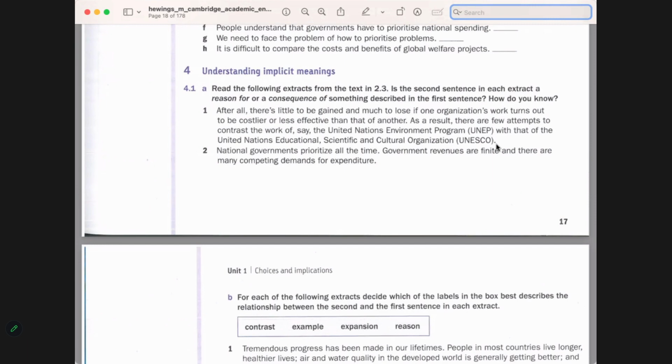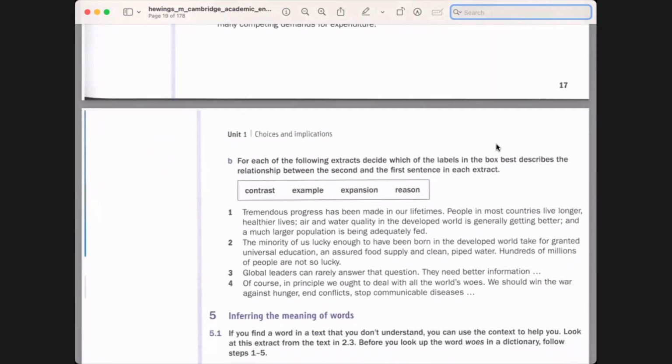It's consequence, maybe, because we have after all and as a result. Yes, as a result, this linking device helps us understand that it's the consequence. And number 2, consequently, will be the reason.